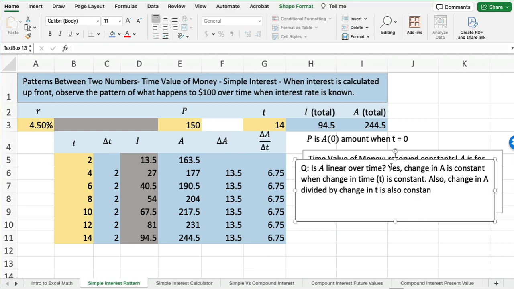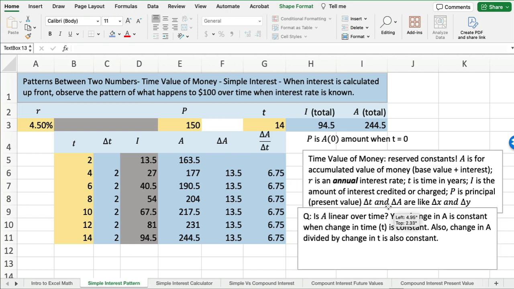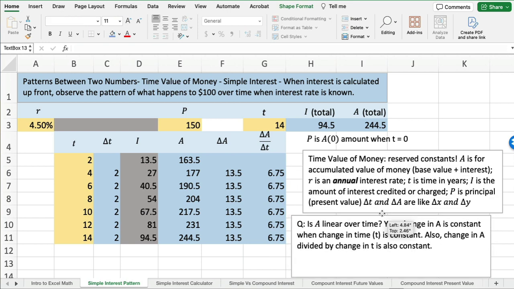So that's another reason why it is a linear relationship. Okay? So we've got lots of evidence here to support the fact that with a simple interest situation, the relationship between the future value or the accumulated value of an account, capital A, is in fact linear with regard to time.